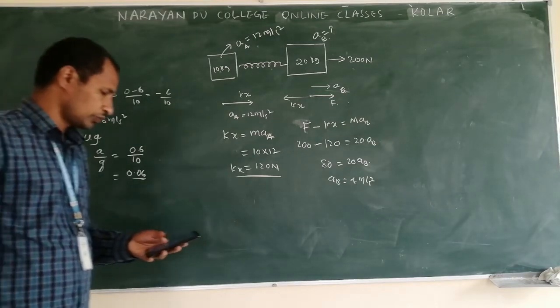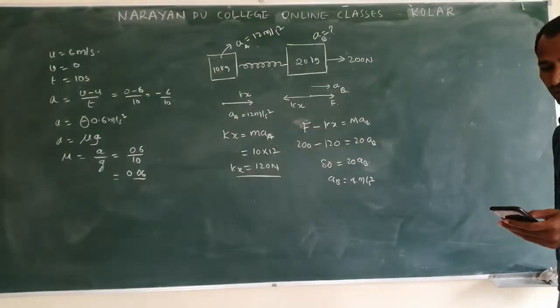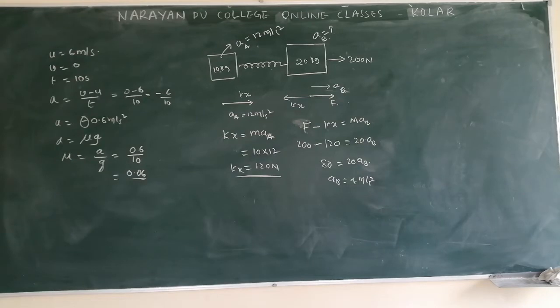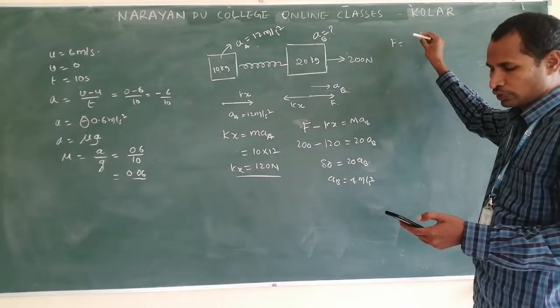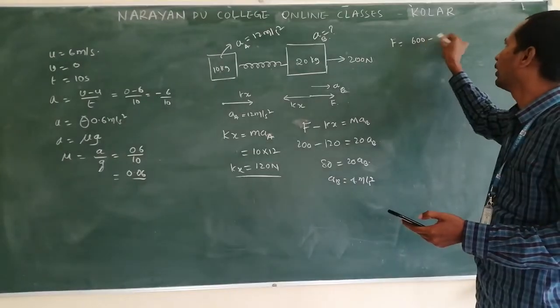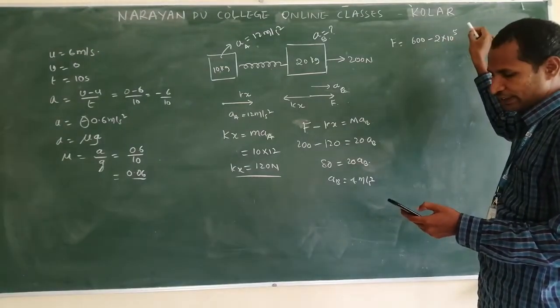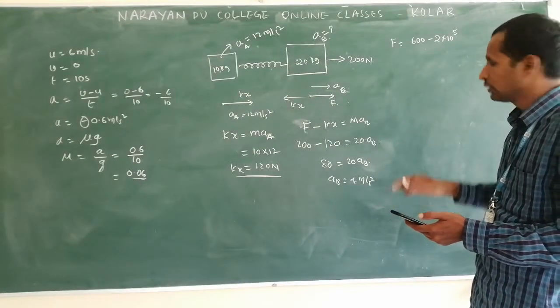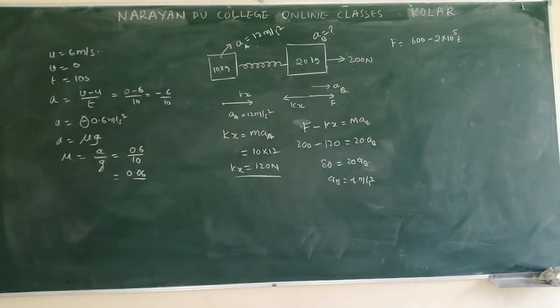fourth one. A bullet is fired from a pistol, gun or simply gun. The force on the bullet is given by F = 600 - 2 x 10^5 t, where F is in Newton and t is in seconds.